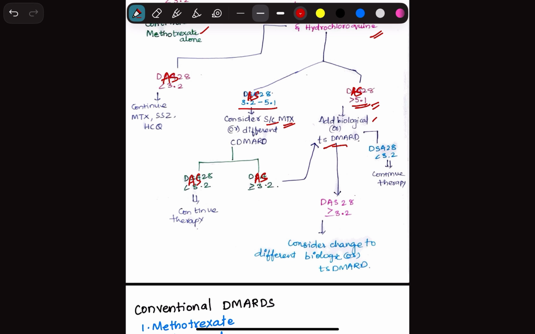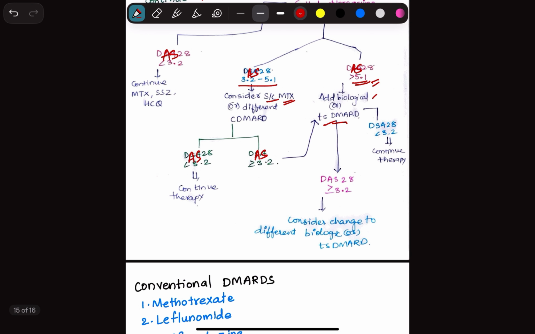After using this biological DMARD, if the disease activity score is less than 3.2, that means our therapy is working and we can continue the biological DMARD. But if the score is still greater than 3.2, we should consider changing to another biological DMARD.